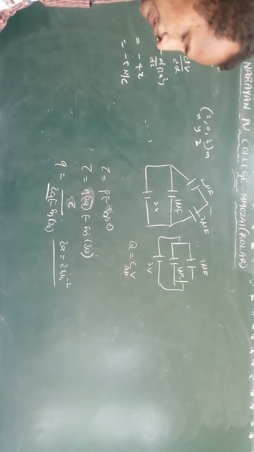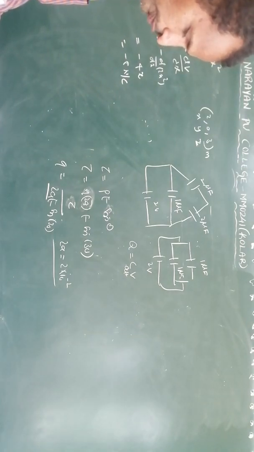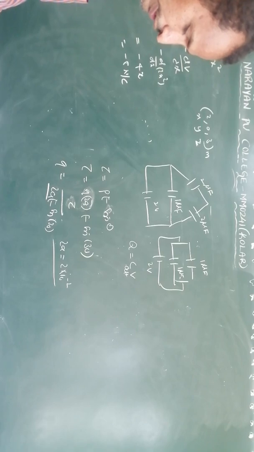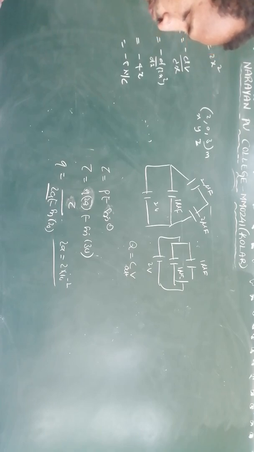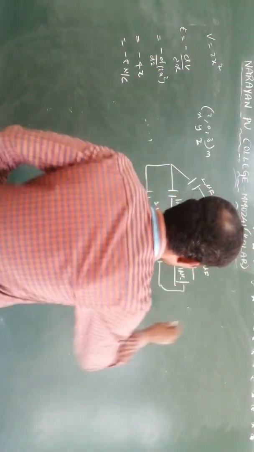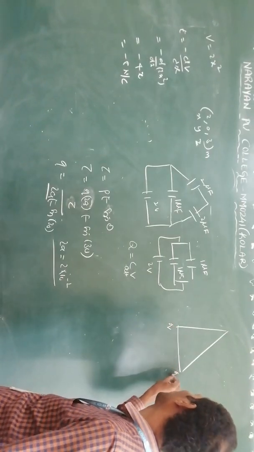Next, 25. What are they asking? Three charges, plus q, plus q and capital Q, are placed at the vertices of a right angle isosceles triangle as shown. The electric energy of the configuration is 0, then Q will be... Very simple. They have given it like this. These two are small q.